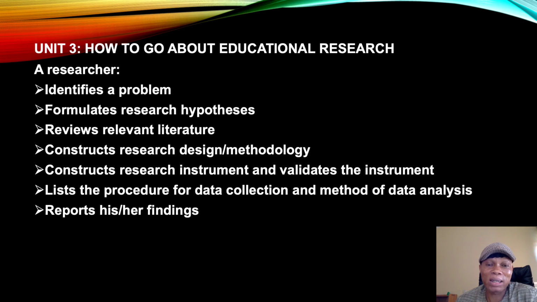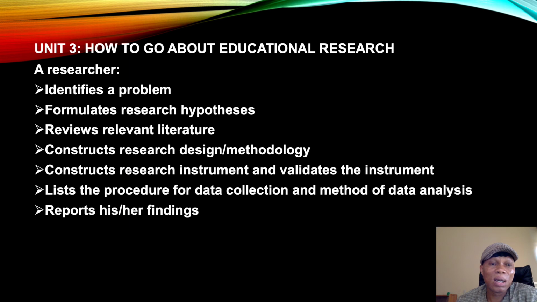So, for instance, in the example I gave, you can come up with a null hypothesis that there will be no significant difference in academic achievement between the students taught using instructional materials and the students taught using the conventional lecture method. So that's an example for you on how to set up your hypothesis. We'll still get to know this better in the course of this course.